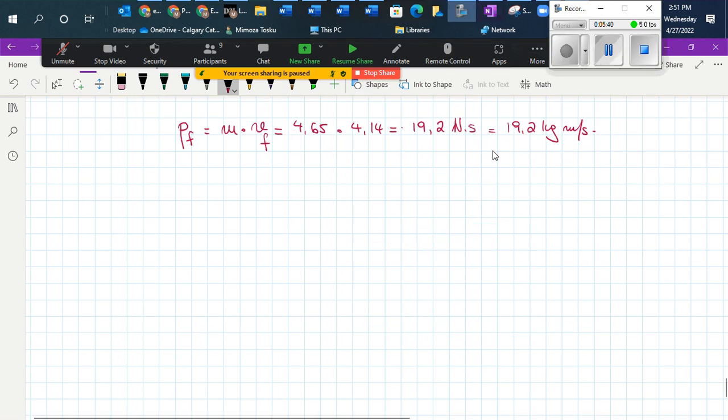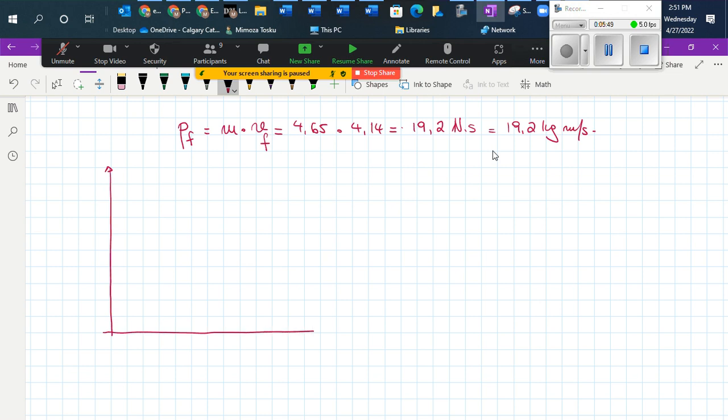The second part of the question is asking for the speed when the object has moved 14.01 meters. So we'll have this graph here, 10 meters here, and then it continues in a straight line.